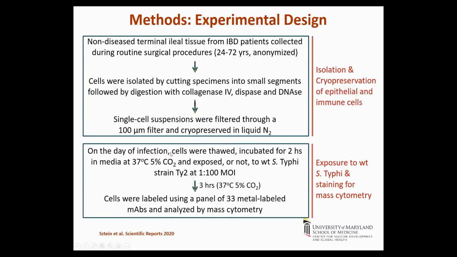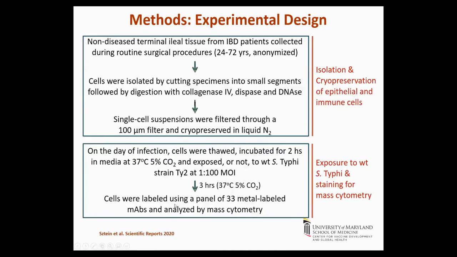On the day of infection, we thaw the cells, we incubate them for 2 hours, and then we expose them or not to wild-type Salmonella Typhi. And this allowed us to compare directly those epigenetic modifications in the presence or absence of Salmonella Typhi.